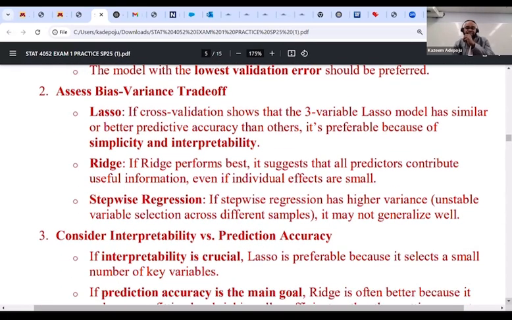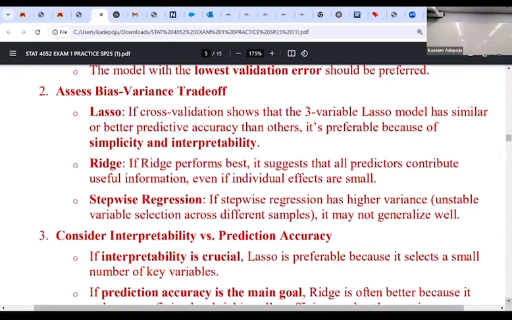Let's say, for instance, you want to know the model to choose for prediction between lasso, ridge, and stepwise regression. I'm just assuming. If I want to know, I will need to assess the bias-variance trade-off.